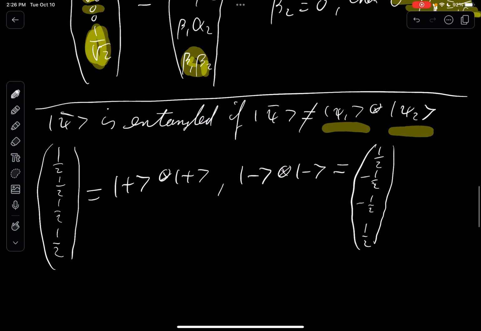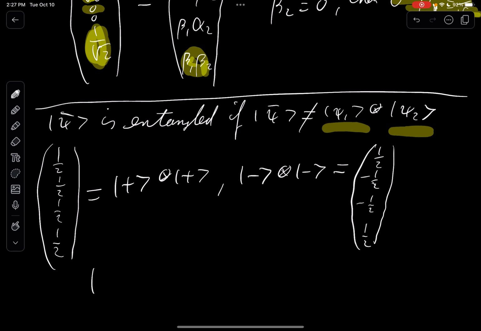Okay, I gave you now the definition of what entanglement is, but how should we think about this? Well, entanglement is really this weird correlation between two different states or two different qubits. And we have entanglement when we cannot describe a state in terms of its individual components.